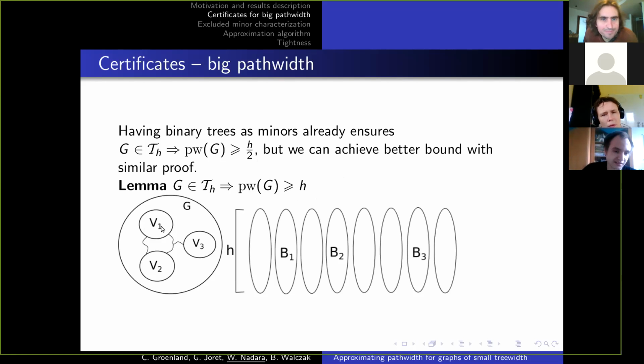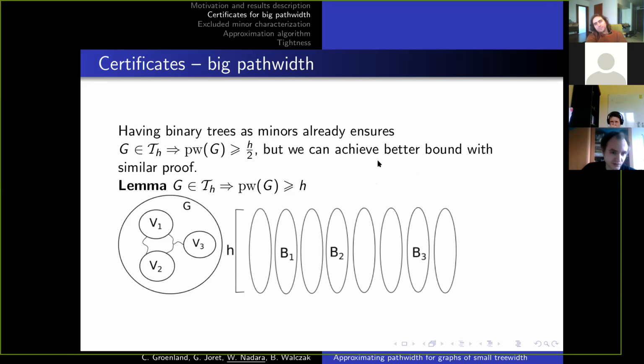So we know that the graphs induced on V1, V2, and V3 belong to T_{h-1}, hence their pathwidths are at least h-1. By contradiction, assume that we can find a path decomposition of G with width h-1, which means that bags in it are of size at most h.